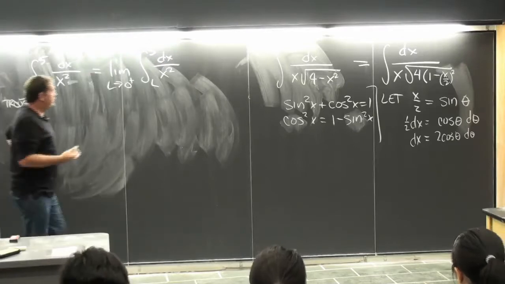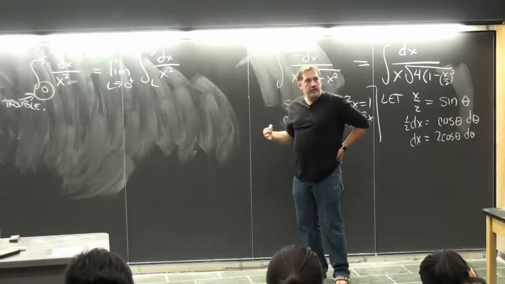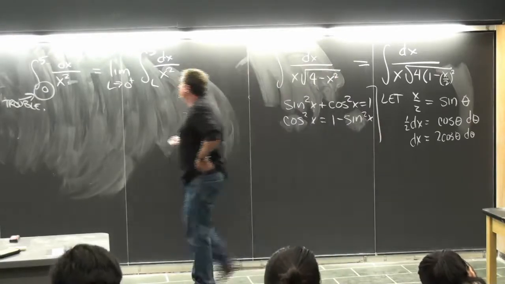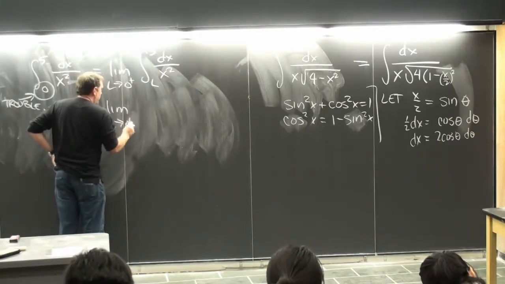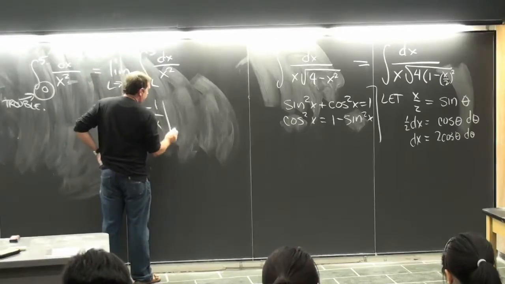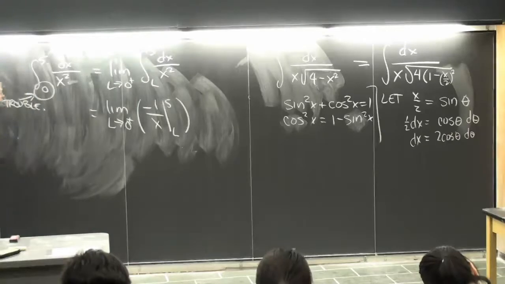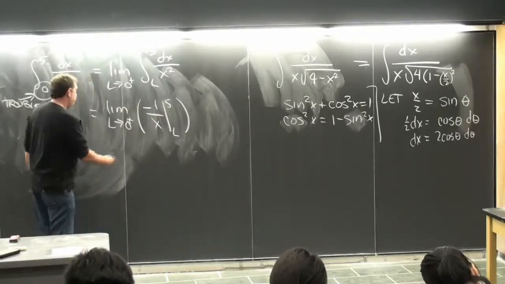The integral of x to the negative 2 is negative 1 over x, assuming I can do my integral right, which I can't always. And now we want to know, does this limit make sense?